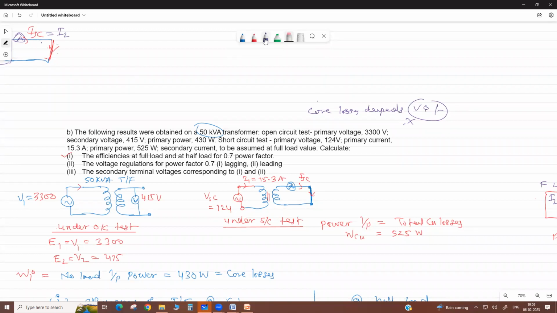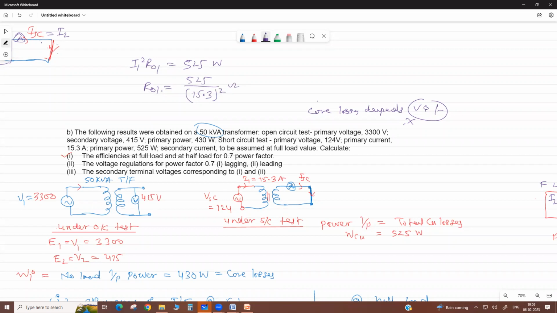So this primary input power given gives the copper loss, like I1 square R01, that will give you 525 watt. Then we can calculate R01 equals 525 divided by the current 15.3 square, then it comes in ohm.